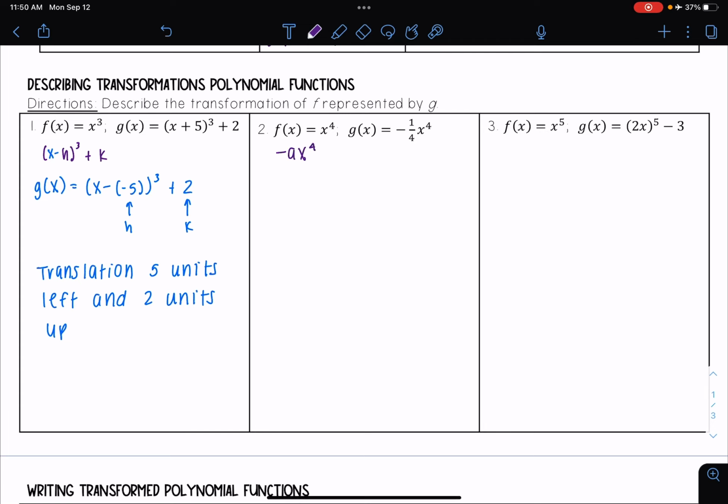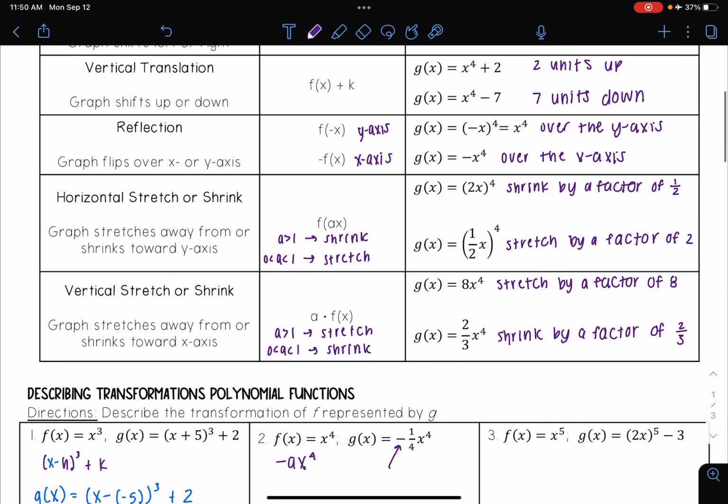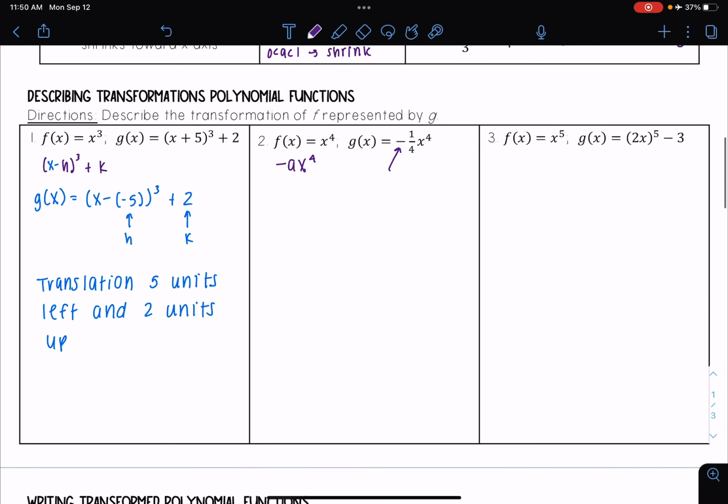And so I see, because of this negative out in the front, from our table up here, when we have a negative in front of our function, that is a reflection over the x-axis, so I can say that's a reflection. And this 1/4 is my a value. And I see this a is between 0 and 1, and it's being multiplied out in the front as well.